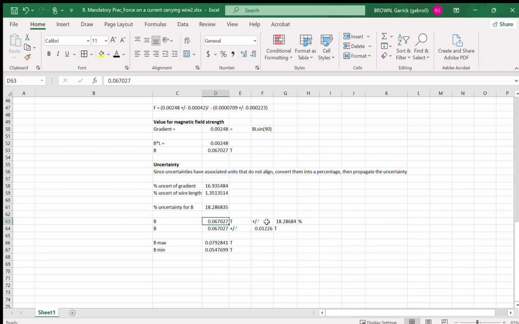In this case, the units Tesla do not apply to the percent. It is some amount of magnetic field strength plus or minus a percent. But since we converted the percentage back into Teslas by multiplying this by this, we can now say it's the magnetic field strength plus or minus some value of Tesla. And then therefore that leads to our. So this is what we have ended up with as our answers. I don't know if that helps. That maybe looks a bit worse.